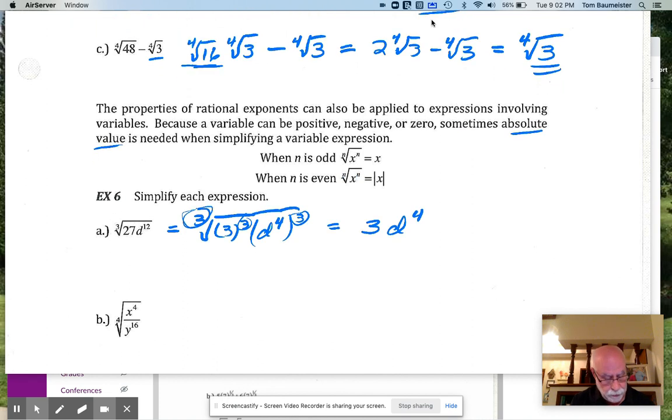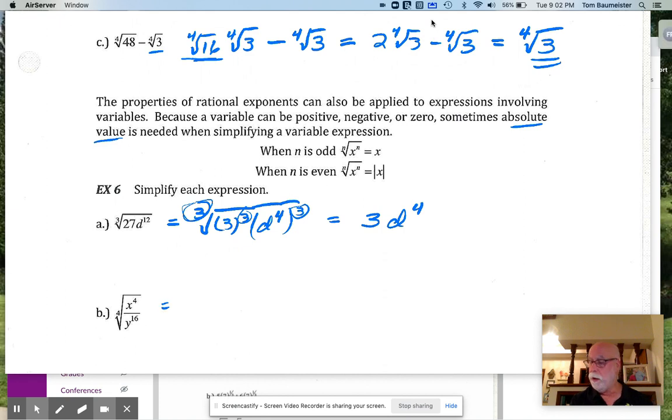So on our next example, we're going to do the same thing here. All right. And I will do, let's see, I can split these up. So I can write this as the 4th root of x raised to the 4th power.